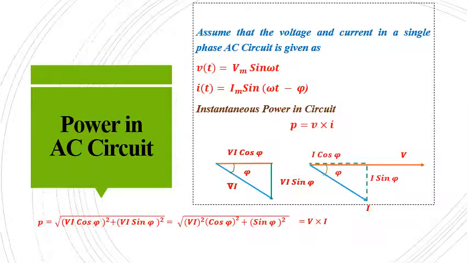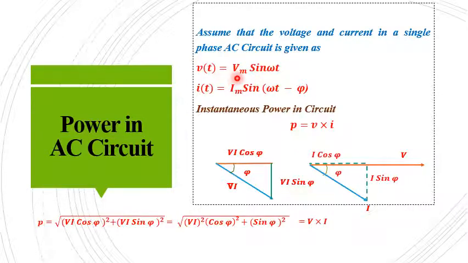First of all, let's see the instantaneous power in an AC circuit. Assume that the voltage and current in a single phase AC circuit is given as v(t) equal to Vm sin omega t and i(t) equal to Im sin(omega t minus phi). So let's first of all draw the phasor diagram.